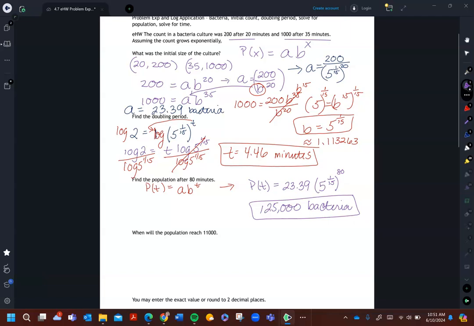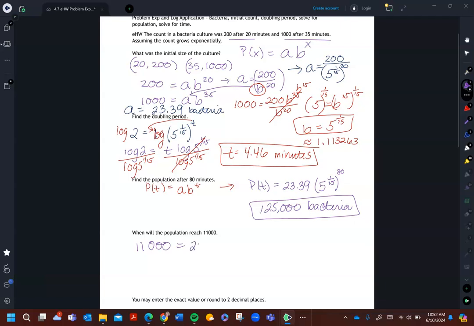When will the population reach 11,000? So we have to plug in the same way, except we're going to be solving for T and using our logs, very similarly to what we did above here. So I would set it up as 11,000 as my population.